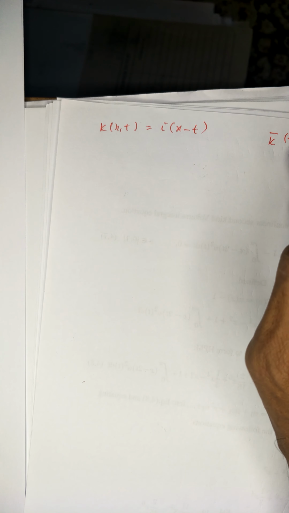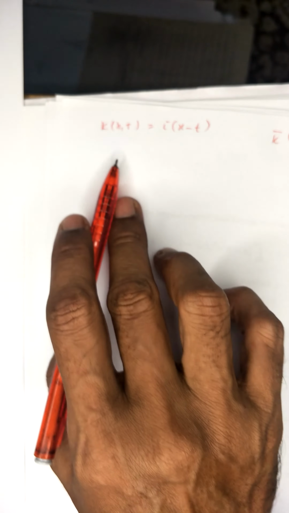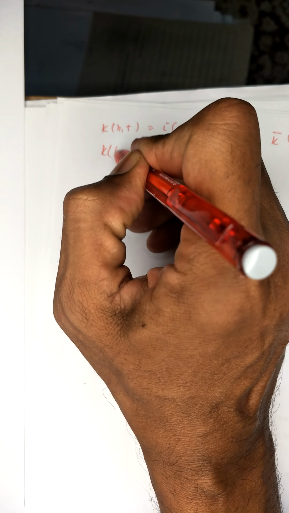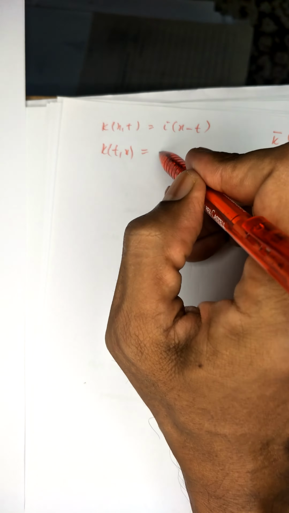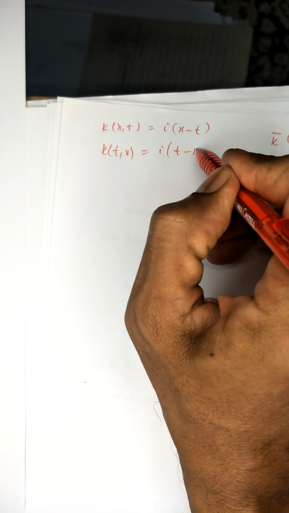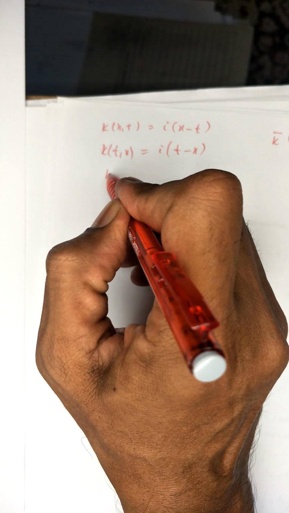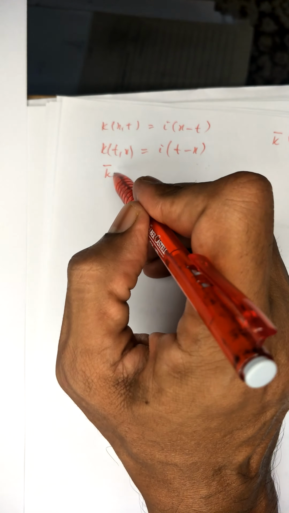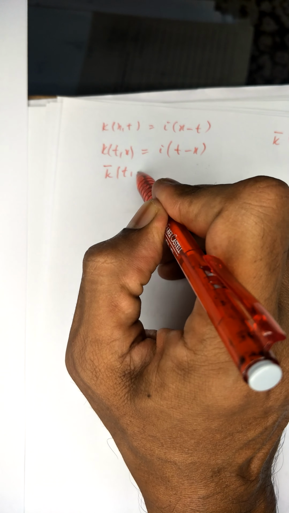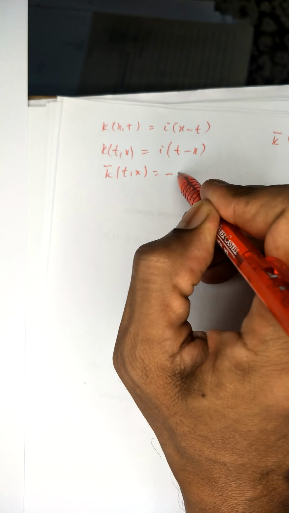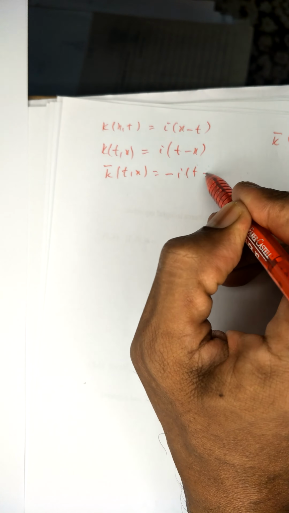Notice the difference between this: this is tx and this is xt. If you change that to K(t, x), that will give you i(t - x). If you take the conjugate of K(t, x), that gives you negative i(t - x).